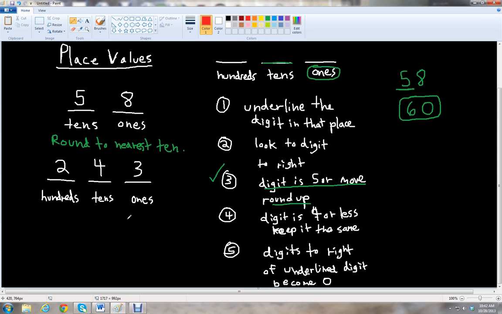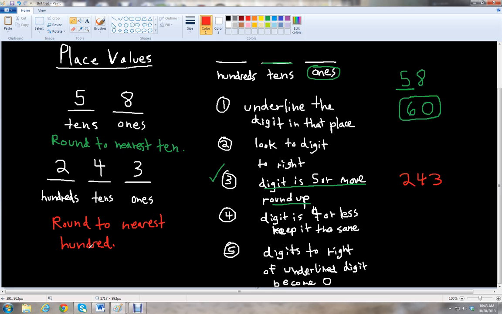Now in our next example, we have a 3-digit number. We have 243. So we're going to round to the nearest 100. So we have our number 243.